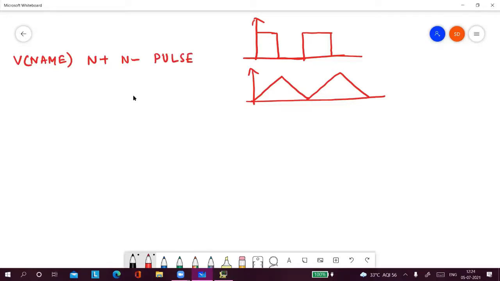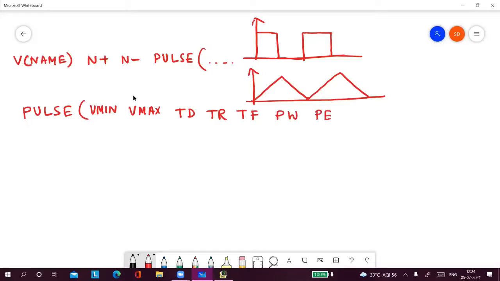Then you write V1, or you can write V minimum, V maximum, then the delay time, rise time, fall time, pulse width, and period. This is how you can generate a pulse.